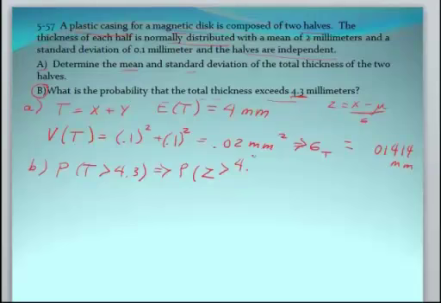So 4.3 minus 4, all over 0.1414. In other words, the probability that z is greater than 2.12.